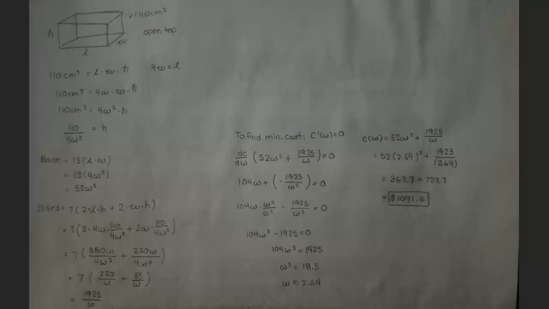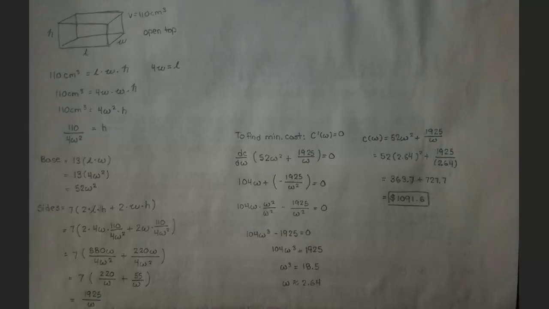And then when I solved that, I got 1,925 over the width. Then to find the minimum cost, it's C prime of W equal to 0. Then when you differentiate, I put dC over dW of 52W squared plus 1925 over W is equal to 0.